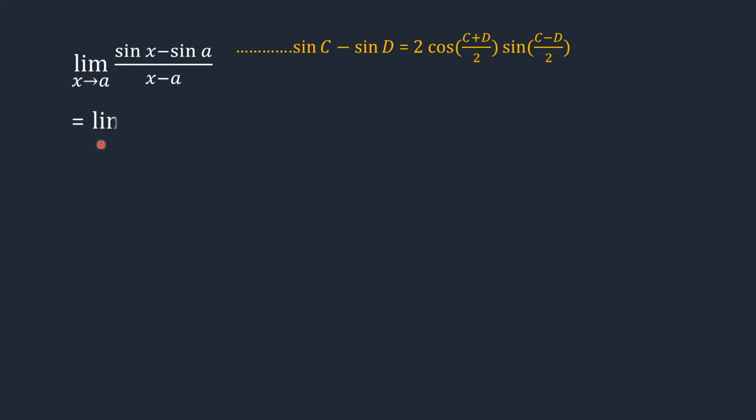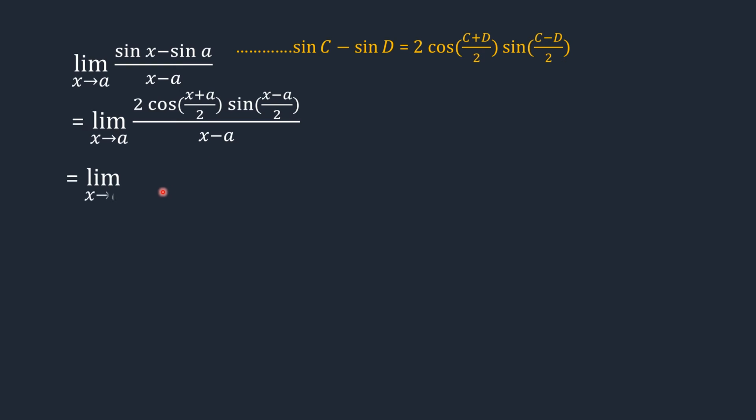So the next step becomes 2 cos c plus d by 2 sin c minus d by 2 upon x minus a.